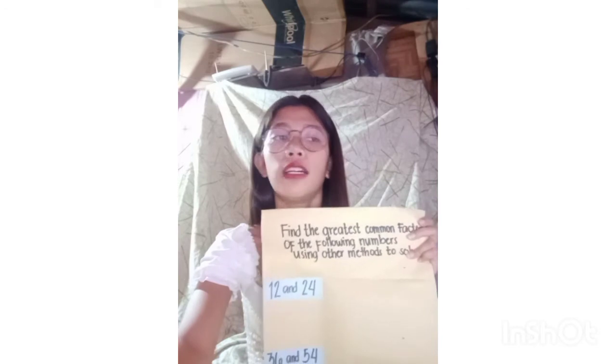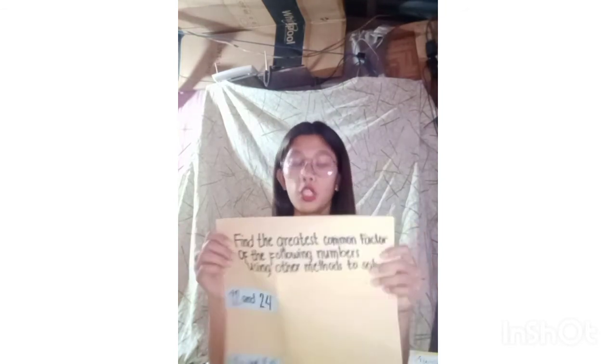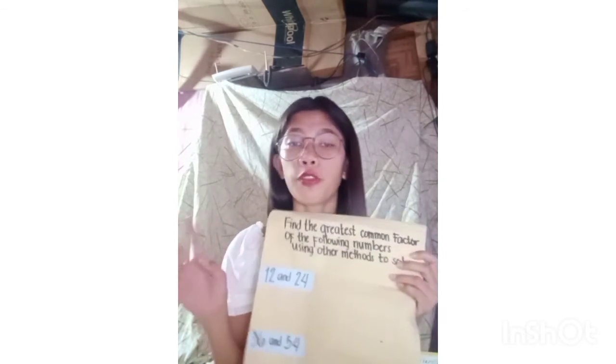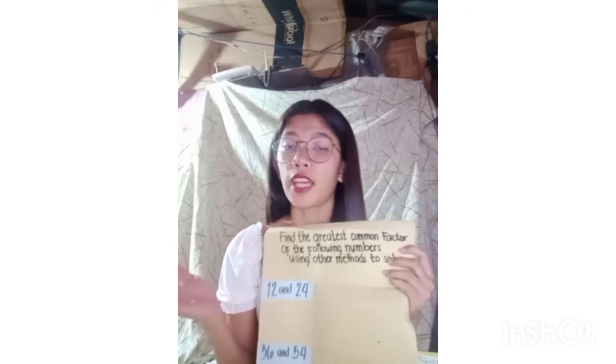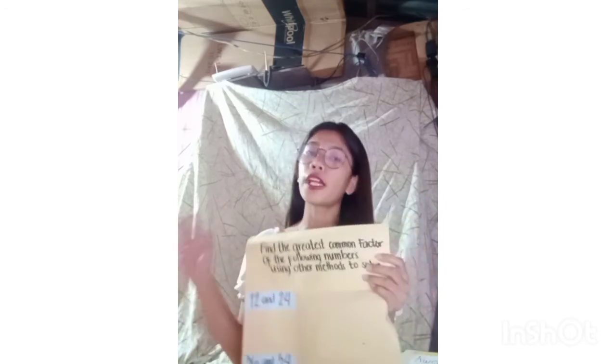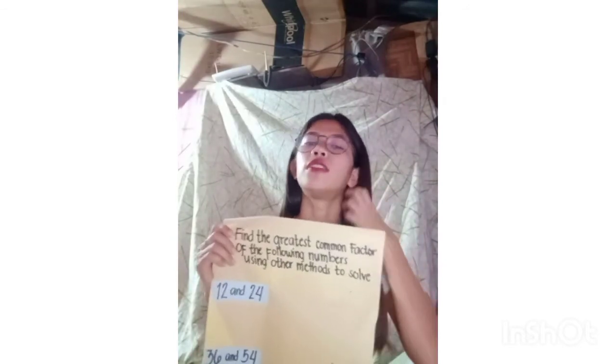In my discussion there are three ways of getting the GCF. Do you remember the three ways of getting the GCF, class? Someone can remember the three ways? Very good.